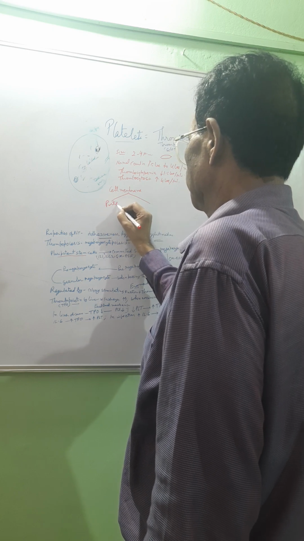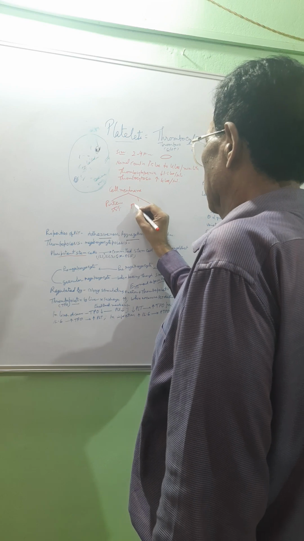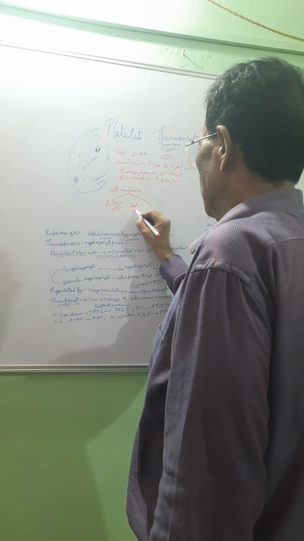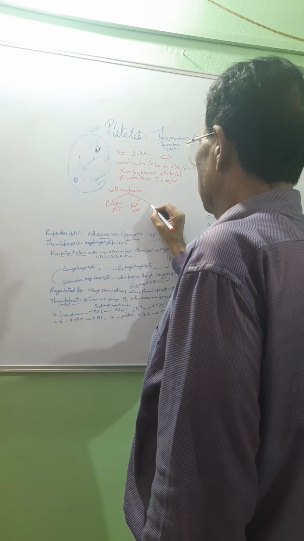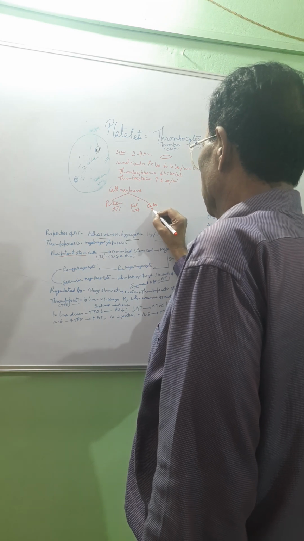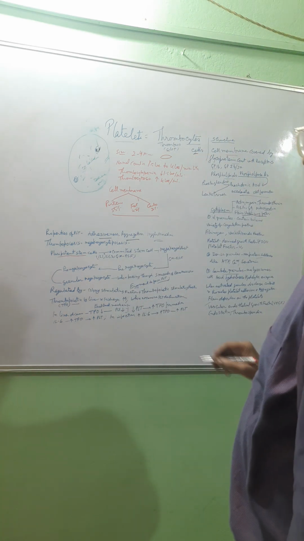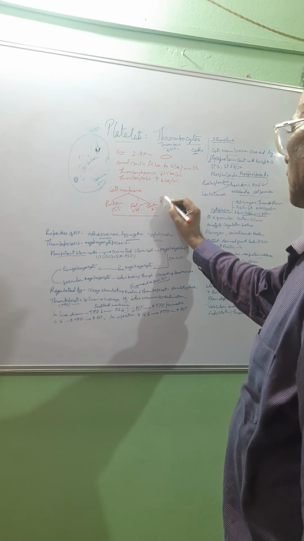The composition of the cell membrane is protein 55%, fat 42%, and carbohydrate 3%. The fat is phospholipid.